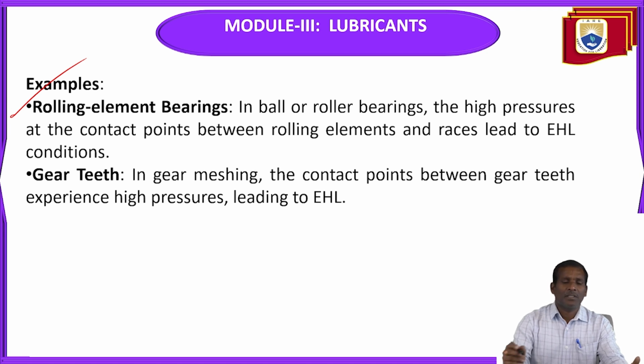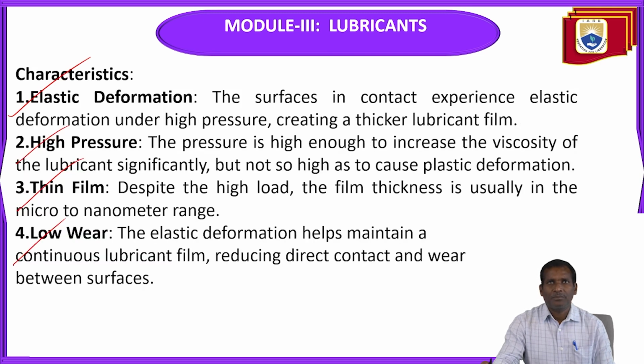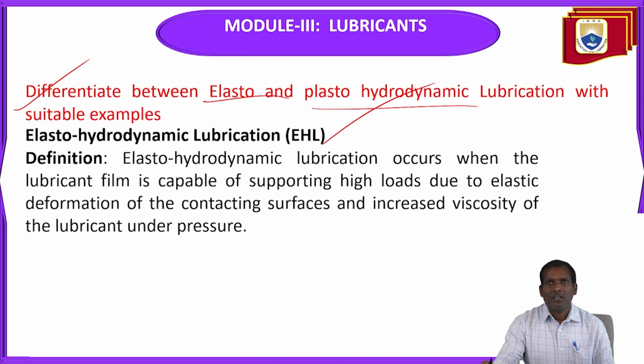So next example is gear teeth. In gear meshing, the contact points between the gear teeth experience high pressures leading to elasto-hydrodynamic lubrication. So elasto-hydrodynamic lubrication occurs when the lubricant film is capable of supporting high loads due to elastic deformation.